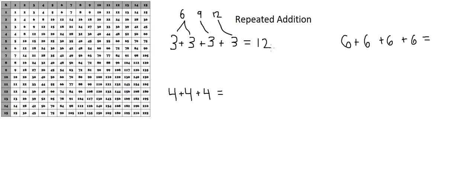Now, the other way that we can solve this is by changing this into another form. So basically changing this from addition to multiplication. This is basically just an intro to multiplication, but we will go more in depth next time.